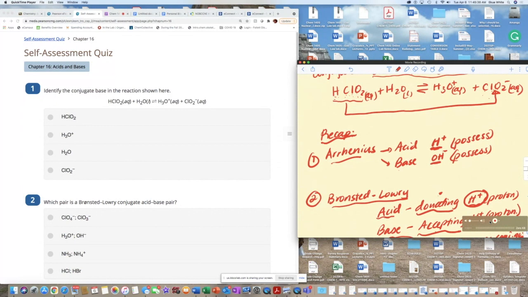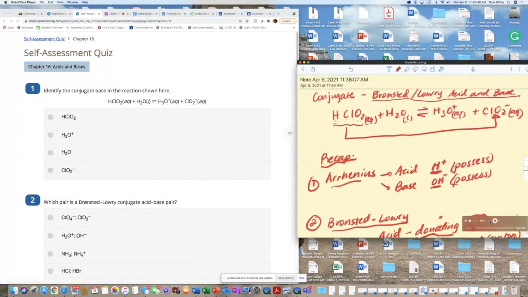Did it lose an H plus? Let me see. HClO2 on the reactant side, on the product side, yeah, an H plus is missing. That means this compound here, this reactant, you can say transferred or whatever term they use, transferred the H plus because now it's missing the H plus in the product side.